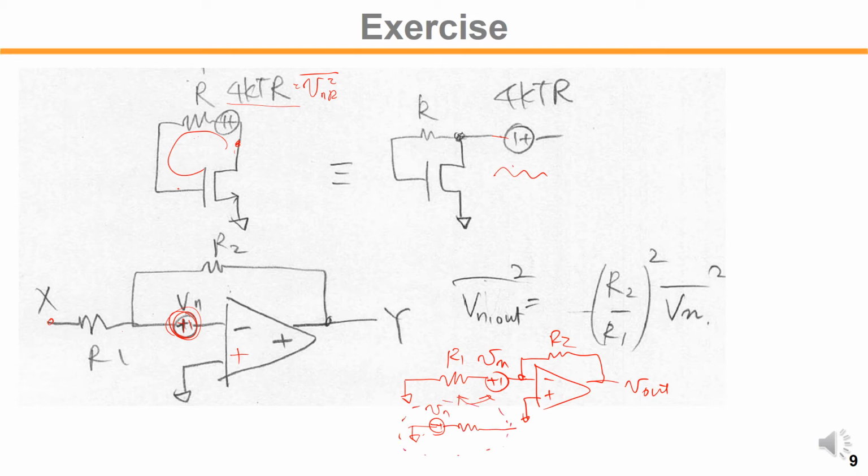So you can find easily the gain of V out would be minus R2 over R1 times Vn, right? So this corresponds to the output noise power being an amplified version of the OPM input reference noise, right? So this is something that you may utilize easily.